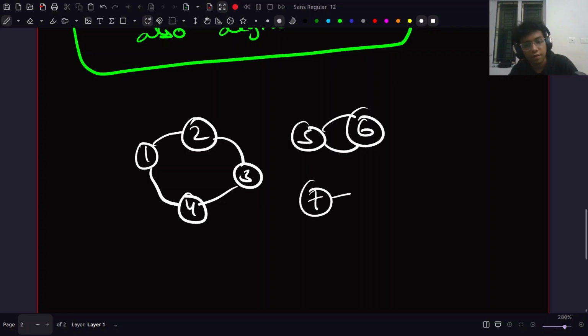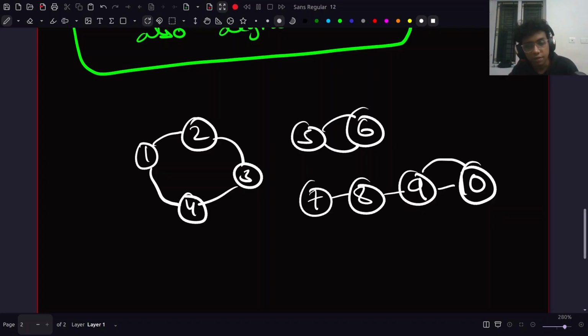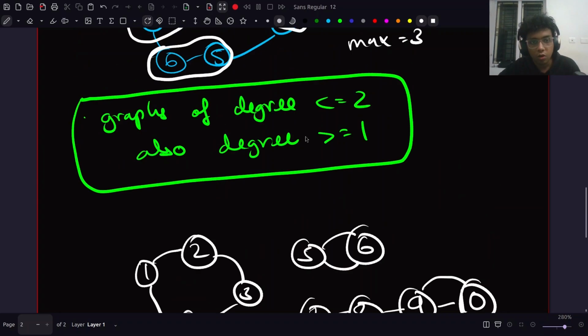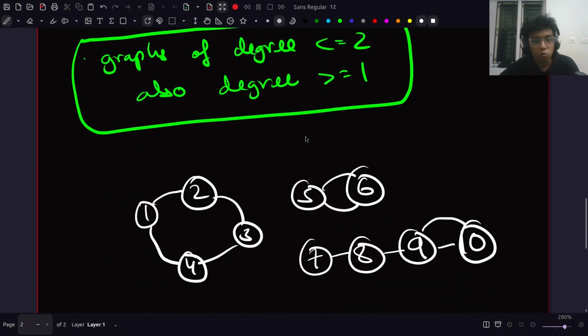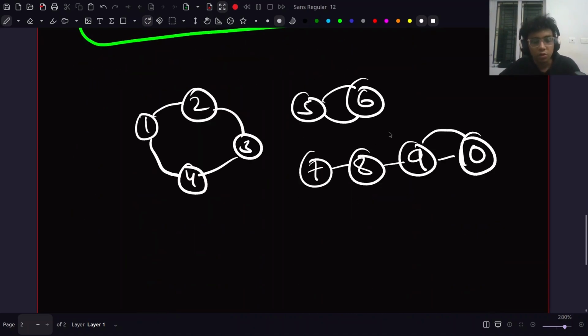Then we have 7, 8, and let there be more people like this. Now how do we see what is the maximum and minimum number of groups that we can form?